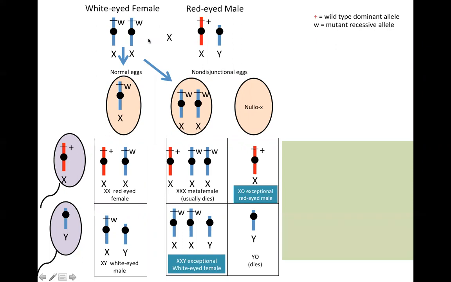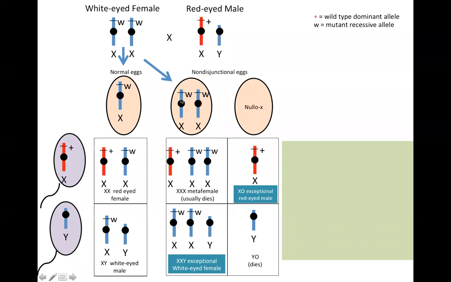This female produces eggs which have both the X chromosomes. This chromosome was supposed to go to the other egg, but it does not, because of failure of separation. So both chromosomes go to one egg.